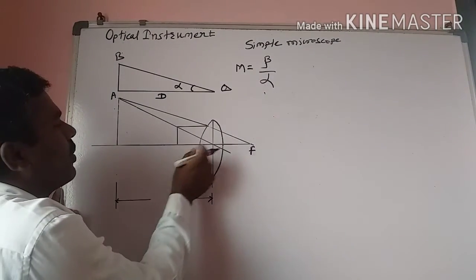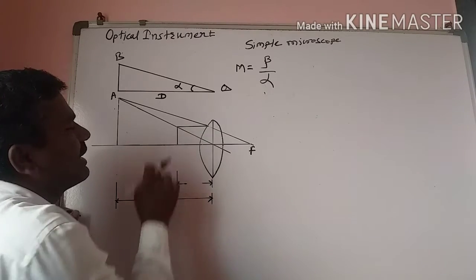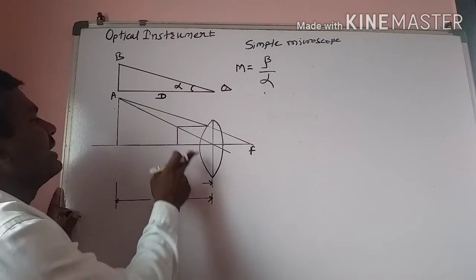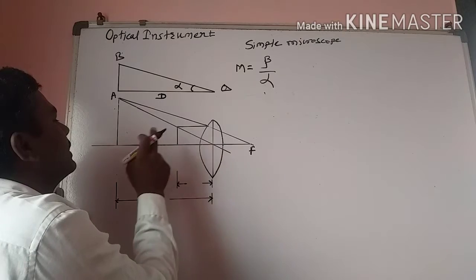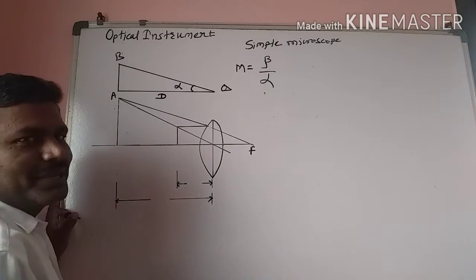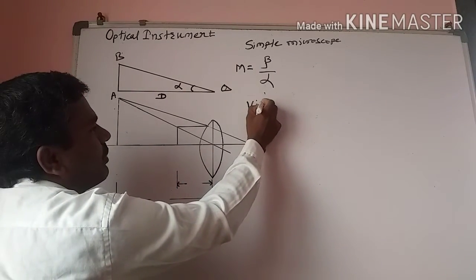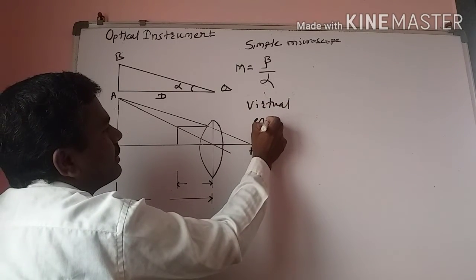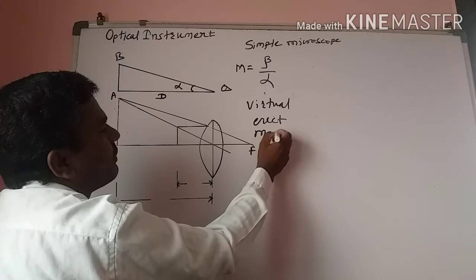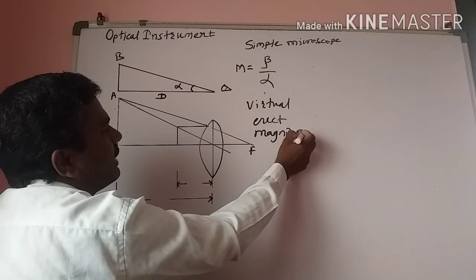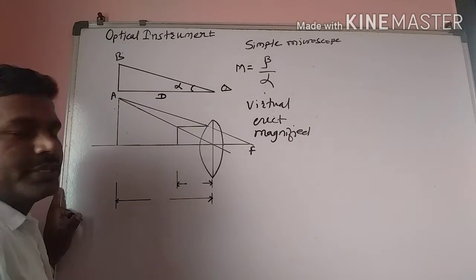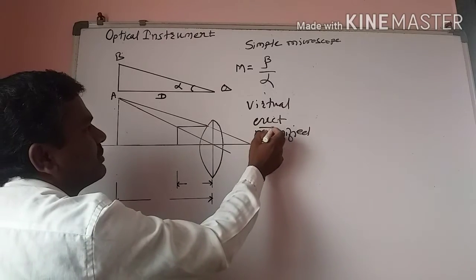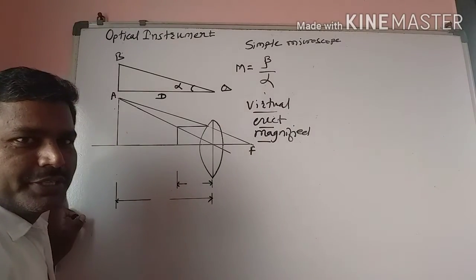When the object is within the focus, the image formed by the lens is virtual, erect and magnified. Magnified means enlarged, erect means straight, virtual means imaginary.